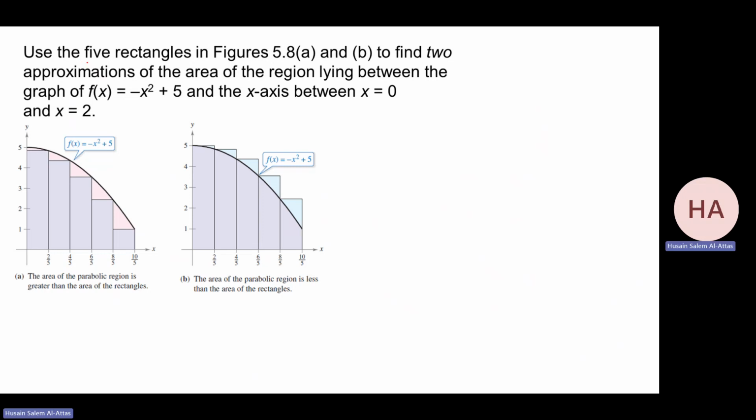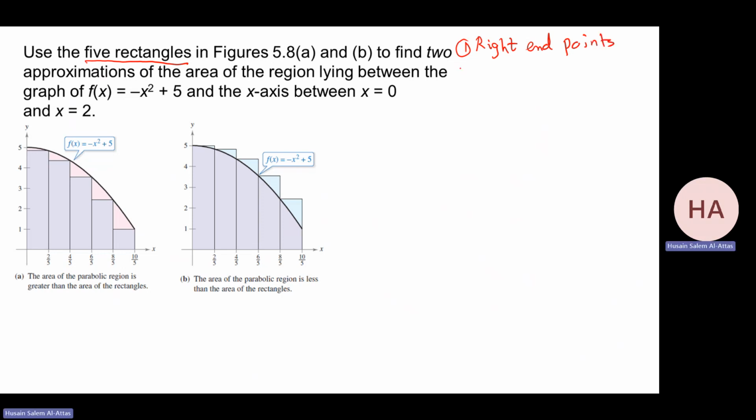Now I use 5 rectangles and 2 approximations, upper and lower, using the left endpoint and the right endpoint. So let me do the right endpoint first. See what will happen.